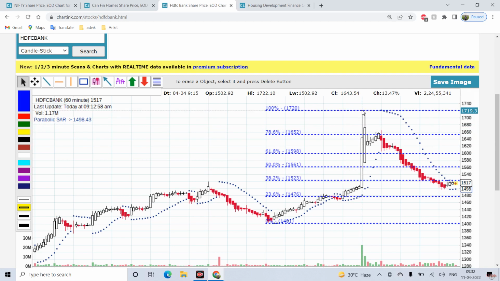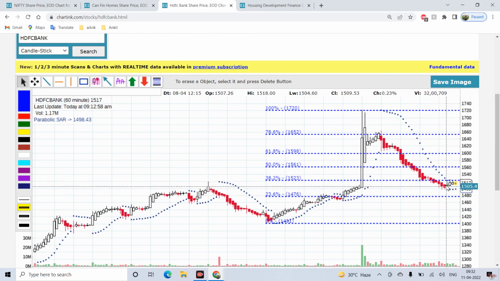So I drew the Fibonacci here, and the 38% retracement, or I would say 62% retracement from the top, comes around 1517, and you see it has broken 1517 and is trying to hit 1517 on the upside.